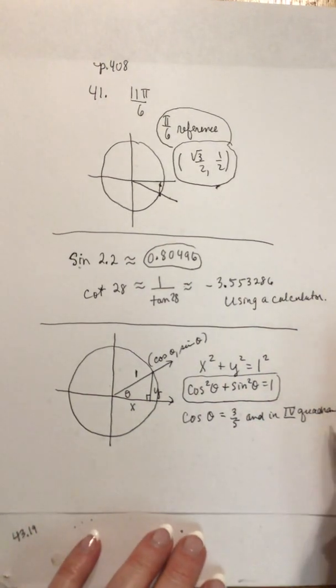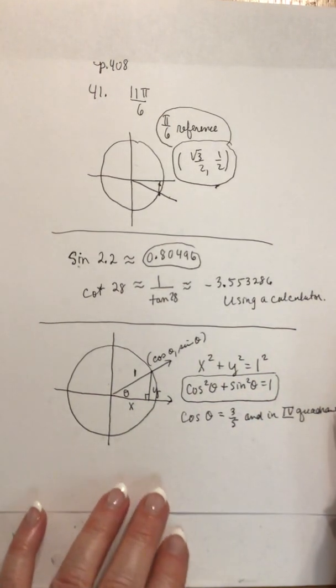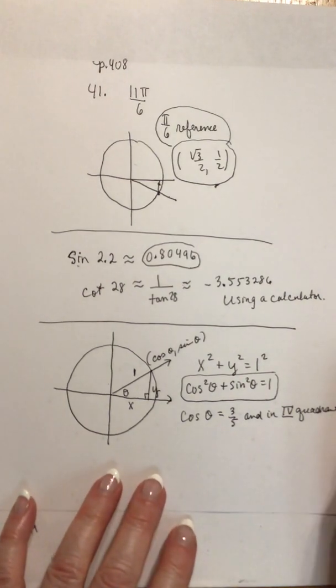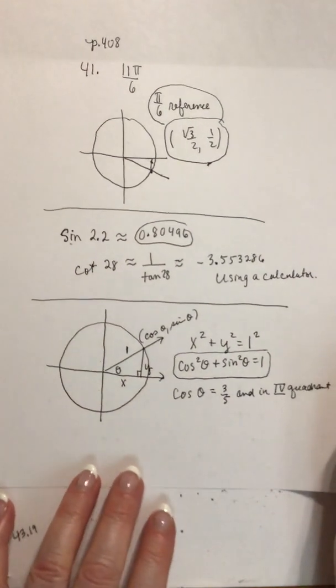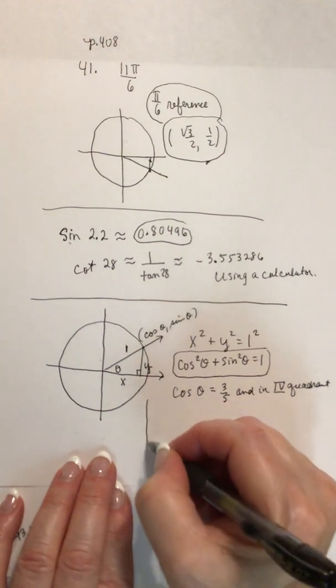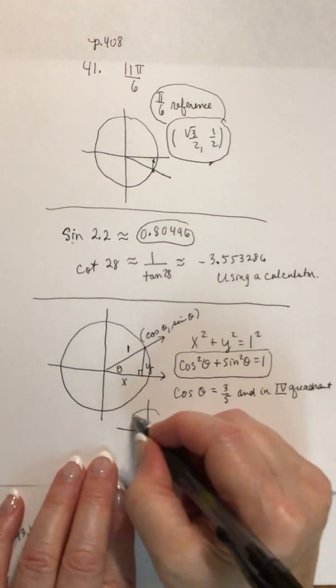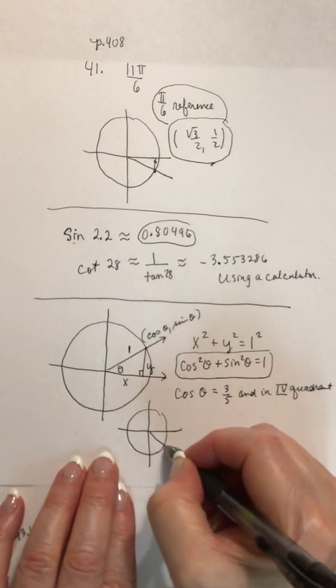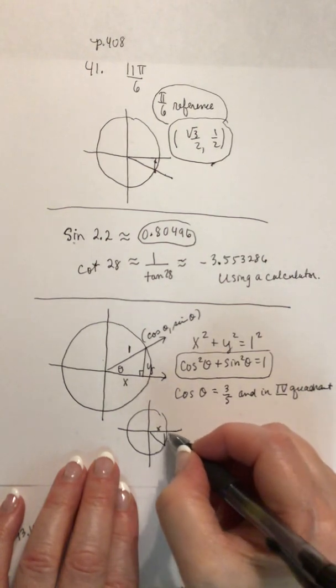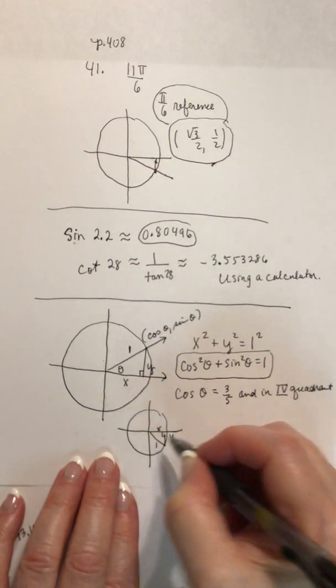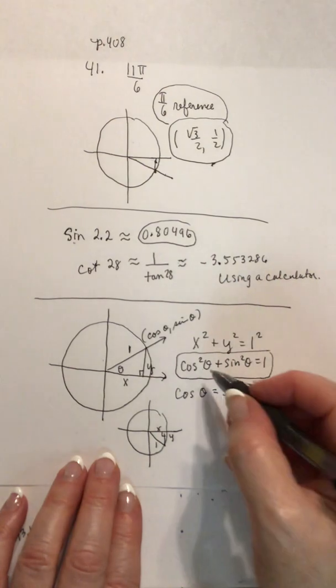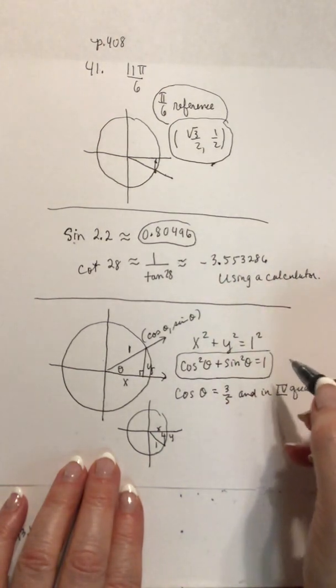Now, why did it have to tell me what quadrant I was in? Because in each of the different quadrants, you have different positives and negatives, right? So we're going to draw our picture again in the 4th quadrant. This is our x, this is our y, this is our 1. So it still has the same thing, cosine squared plus sine squared equals 1.